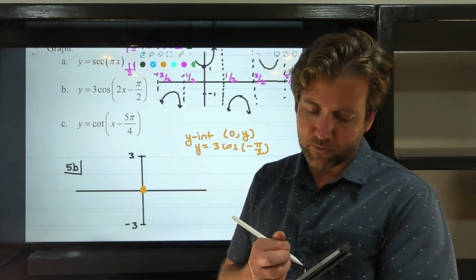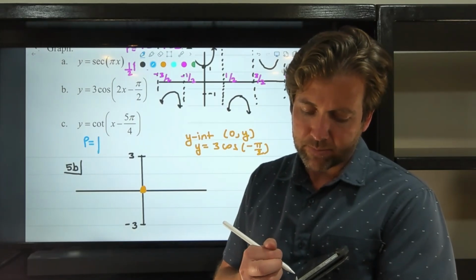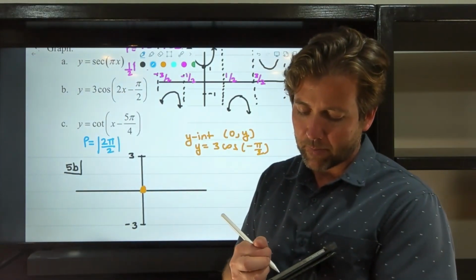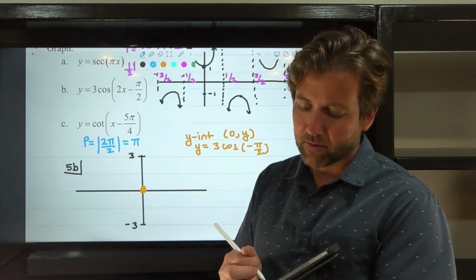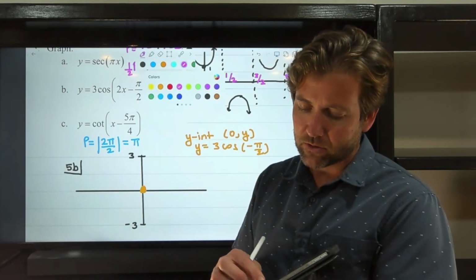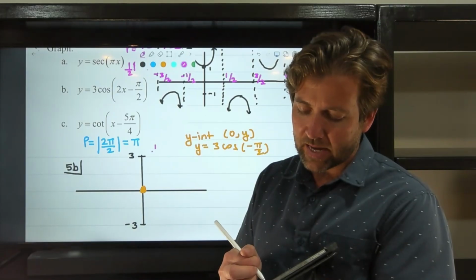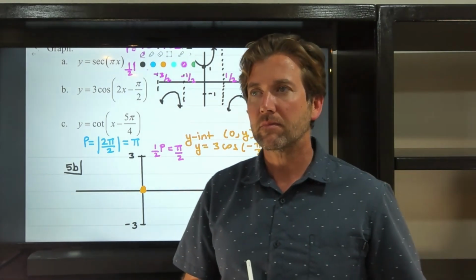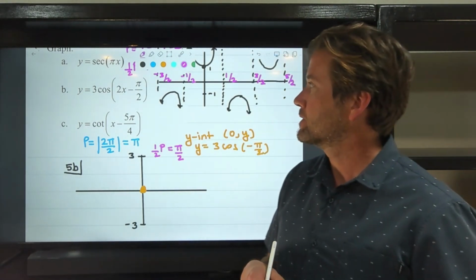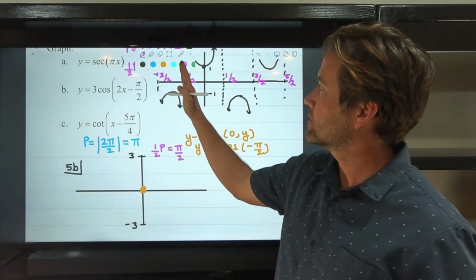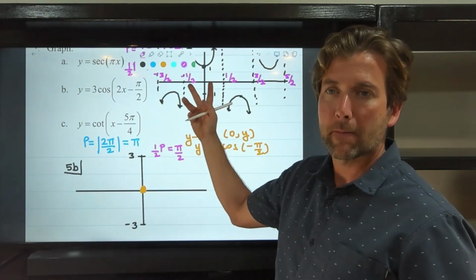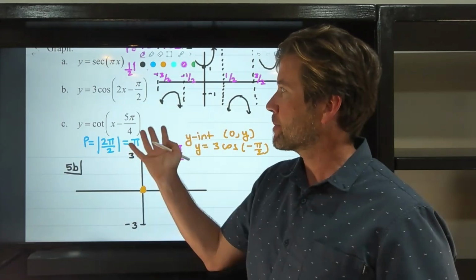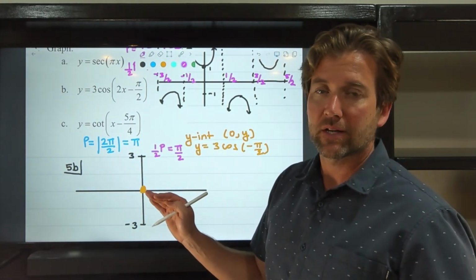Now the period of this function is the absolute value of 2 pi divided by this coefficient of x. That's pi. That means 1/2 of the period is equal to pi over 2. Why is that important? Because just like secant, where asymptote to asymptote was half a period apart, that will be true for cosine as long as we don't shift the graph up or down, but not asymptotes, rather x-intercepts.